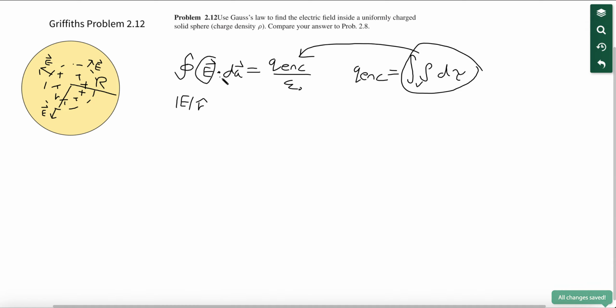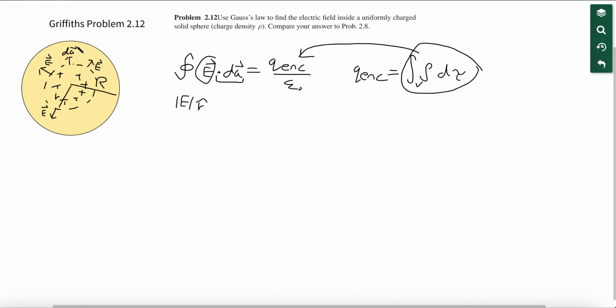To actually be able to pull our electric field magnitude out of the integral, we are going to have to deal with this dot product and the area element. Luckily for us, we know that area elements are normal to the surfaces they're on. And what's the normal of this Gaussian surface? Well, it's also the r hat direction.